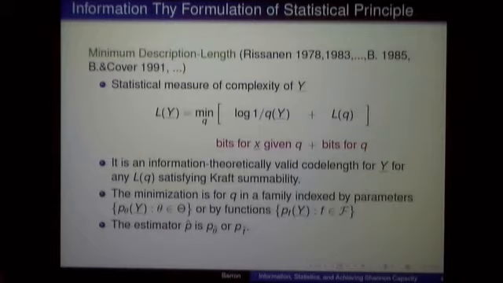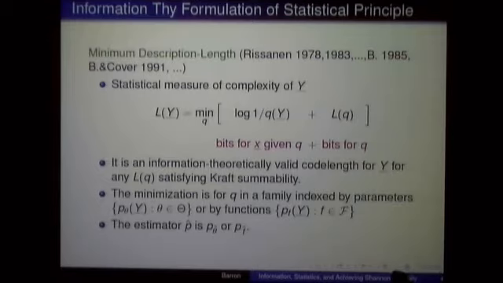So it's a statistical measure of complexity. When we talk about MDL, its purpose is statistical. Its purpose is not information theory per se. It's to learn statistically from data. Its motivation comes from asking for the shortest description. So the earliest incarnation of it is you say, well, one way to describe data would be to first describe some coding distribution Q using L of Q bits, whatever that is.